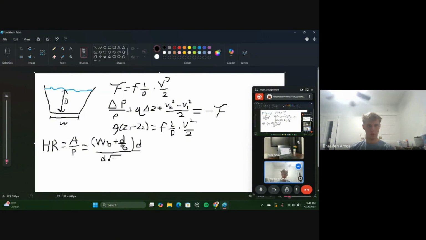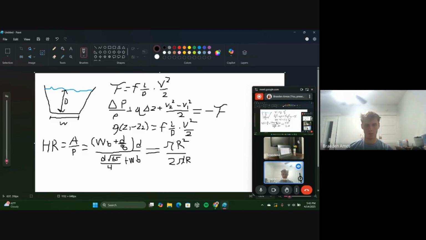D times square root of 65 over 4 plus wetted base. I can continue to find this. So this is going to equal pi r squared over 2 pi r.